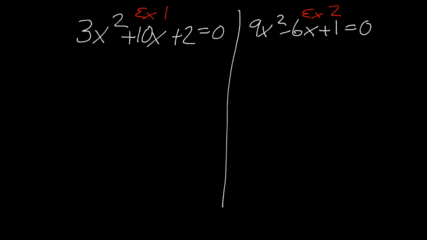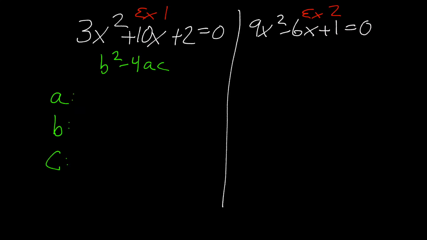Alright, so here is example 1 and example 2. We'll do them side by side. We'll do example 1 first. Remember, we're trying to find that discriminant, so we want to know the b squared minus 4ac part of the quadratic formula. I still need to know my a's, my b's, and my c's.